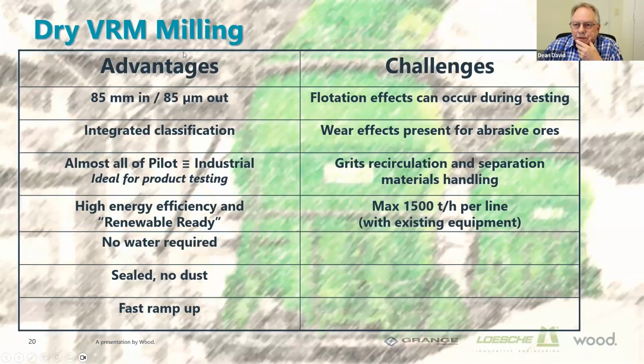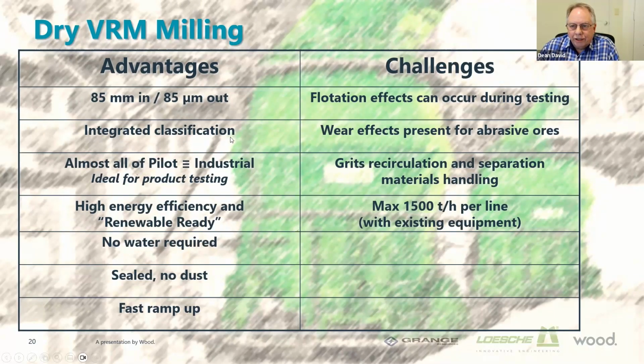So in terms of VRM milling, what's the comparison for advantages and challenges? You can put a big size of particle in, and you can go a couple of orders of magnitude down in terms of particle size and produce that product in one step. In fact, this machine could take 85 millimeters and make a 20 micron product.